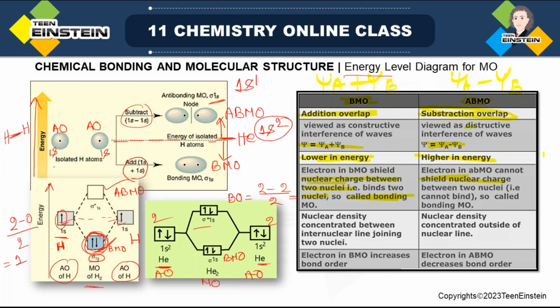Remember, in ABMO this is one wave function, this is another, so these two are destroying each other. As a result, there is a node formation in the middle point, and because of that node, there is no electron density. So unlike the case of BMO, electron in ABMO cannot shield nuclear charge between two nuclei. That is the reason there will be repulsion, so we call it antibonding.